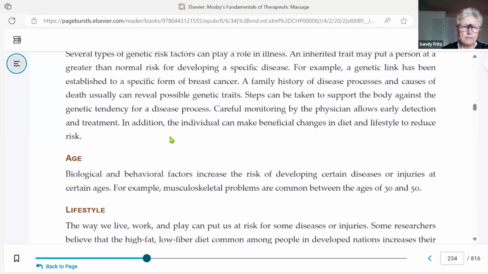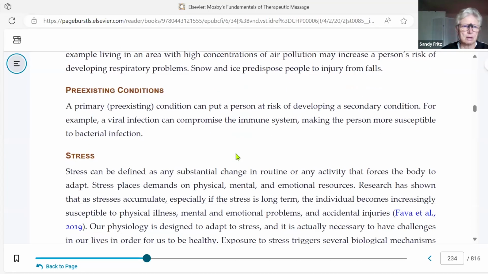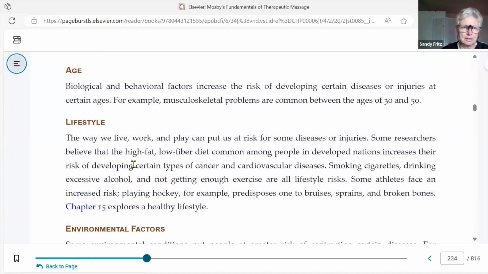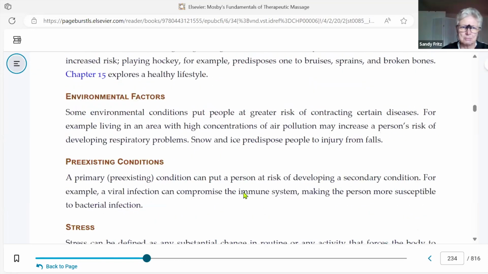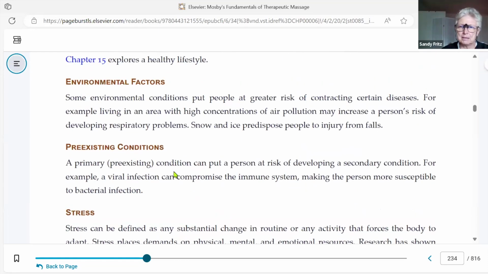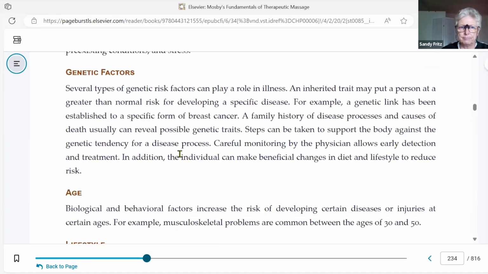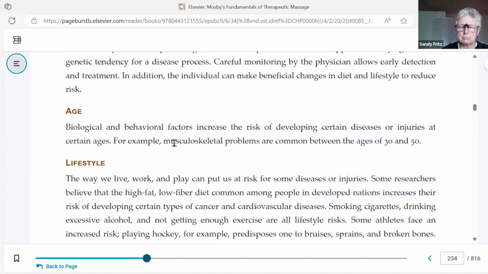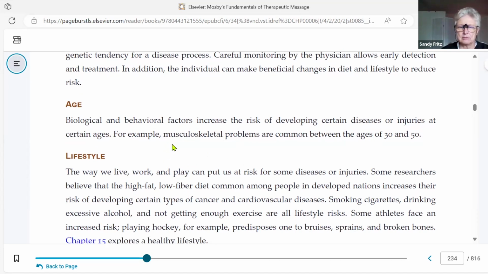So we have genetic factors, environmental factors, lifestyle, age, pre-existing conditions, stress. All of these things make us more likely to develop some of this stuff if we are not maintaining as good a homeostasis as we can.